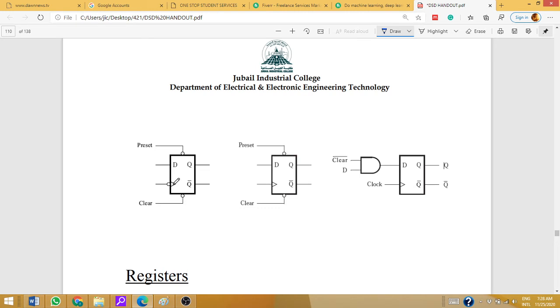In this flip-flop we are discussing, together with this input there are also two inputs: one is preset, the other is clear. As discussed, if preset is active, which here is the 0 case, the output will be 1. If clear is active, that is if clear is 0, Q will be 0. No need to see D.